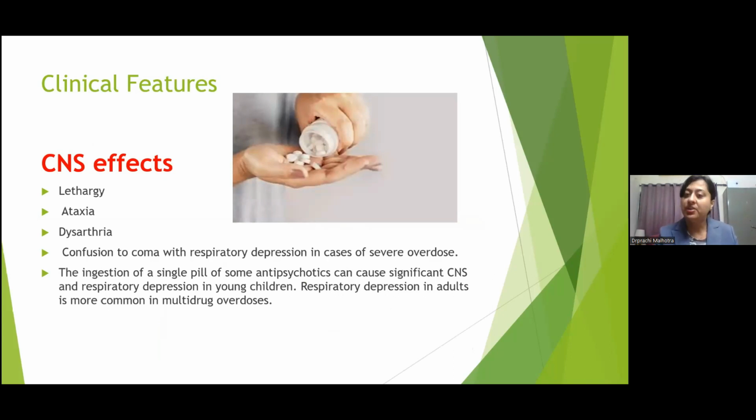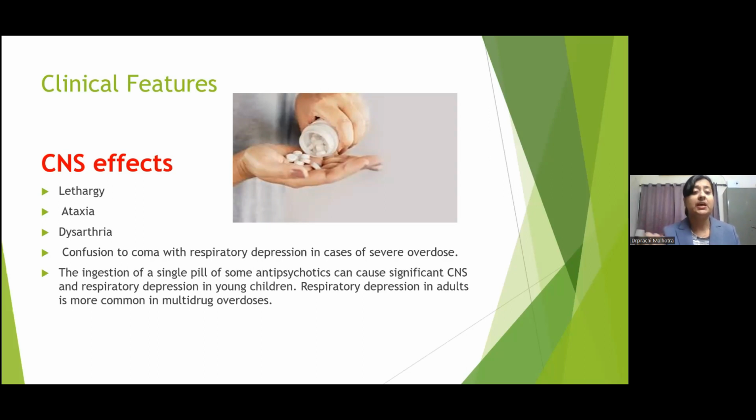In children, even ingestion of one pill of an antipsychotic can cause significant CNS depression, whereas in adults, mixed doses will cause this significant CNS effect. Otherwise, if a person takes a few pills of antipsychotics, there's less mortality. So not much morbidity and mortality is seen.